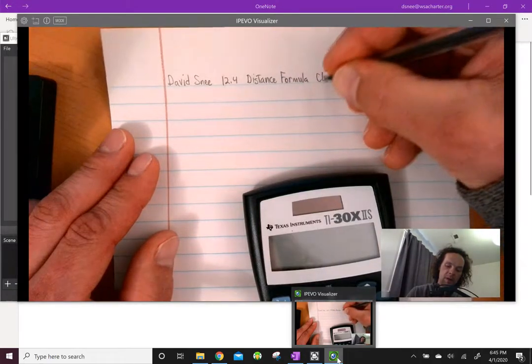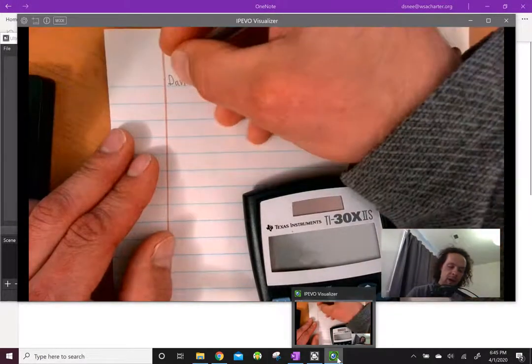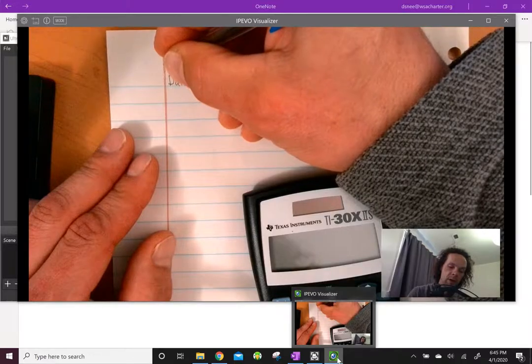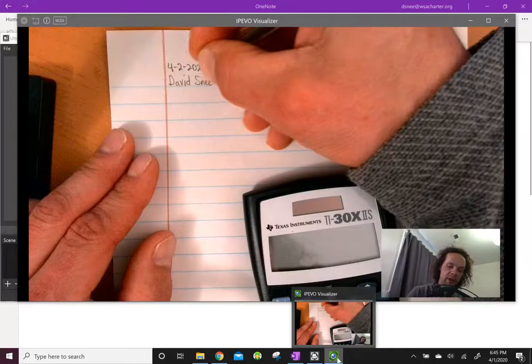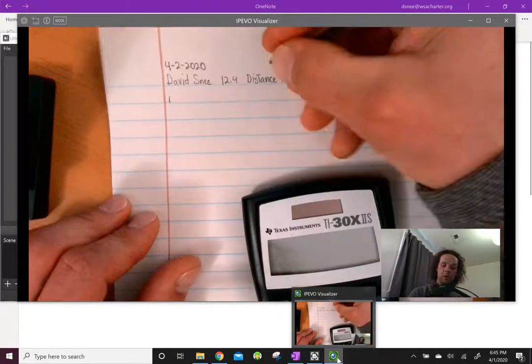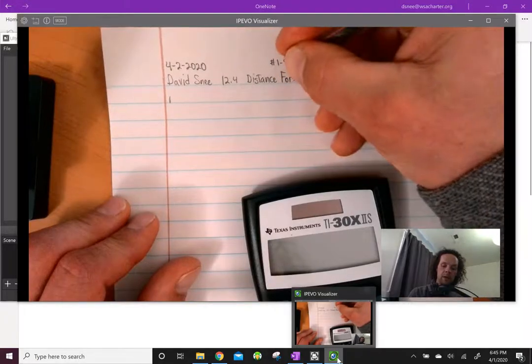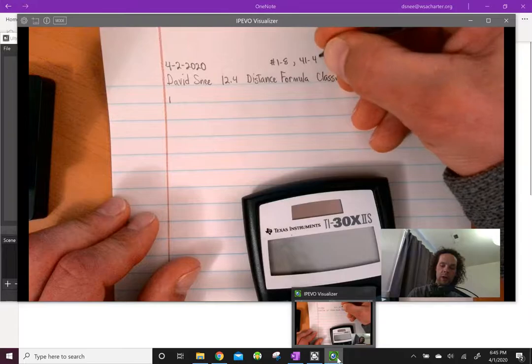This is classwork. And today is 4/2/2020, April 2nd, 2020. Okay, and we're going to do numbers 1 through 8 and numbers 41 through 49.